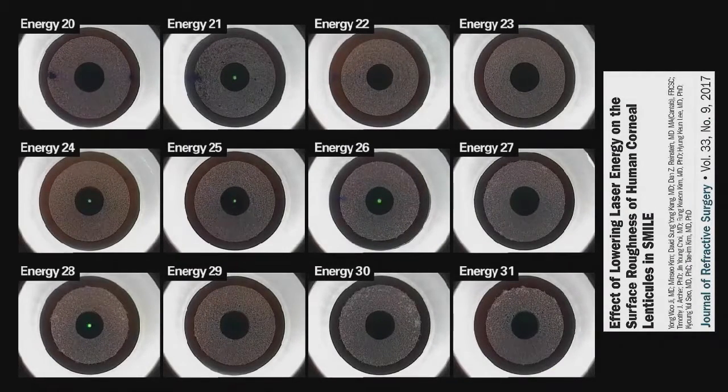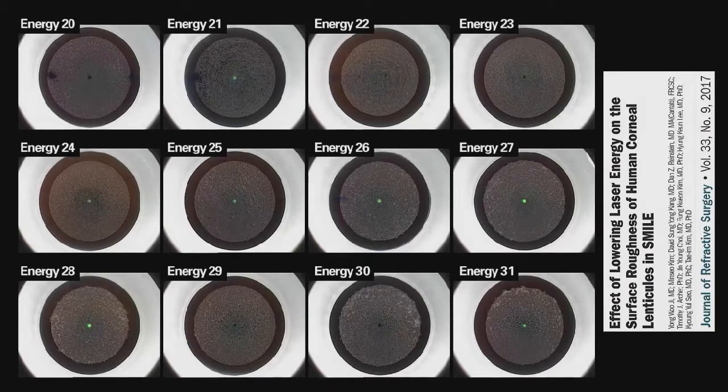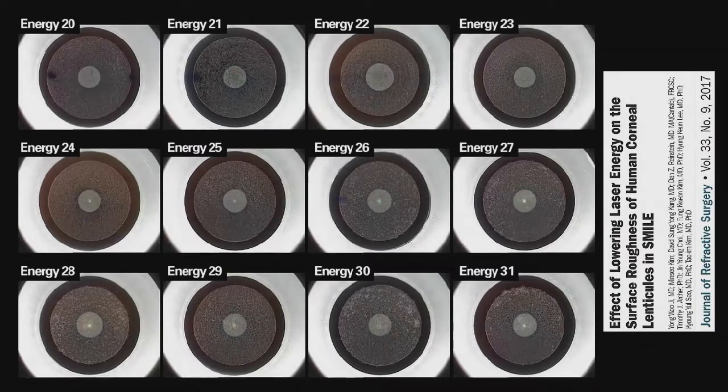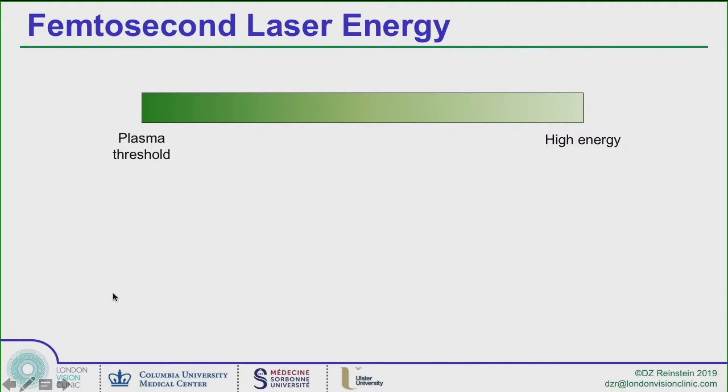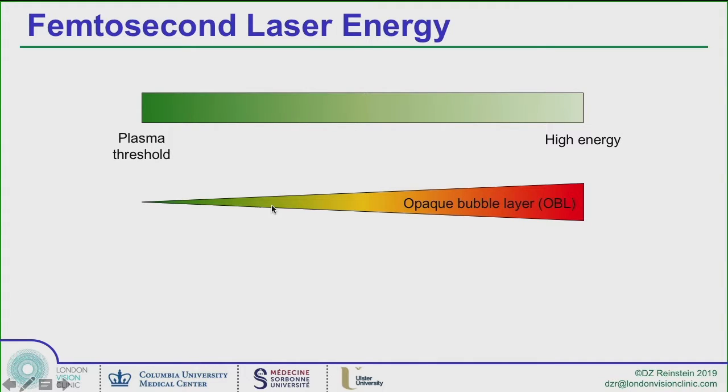David Kang published this beautiful video study where he looked at bubble pattern according to the amount of energy. We all know that the amount of energy injected into the cornea is a factor determined by either the amount of individual energy per spot, but also the spot separation. So the higher the energy, the more likely you're going to get OBL and therefore irregular cutting.